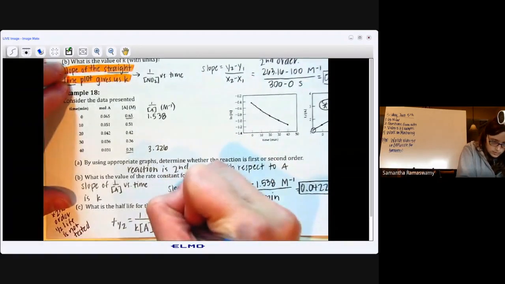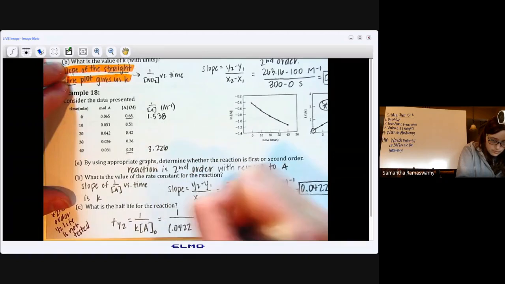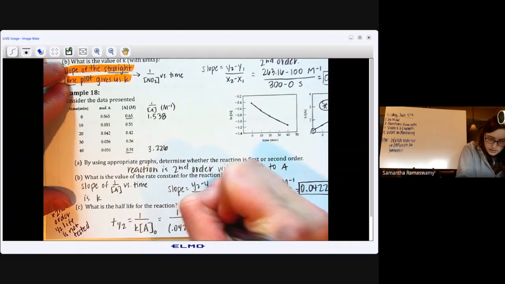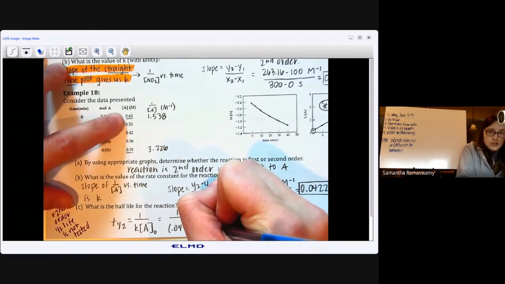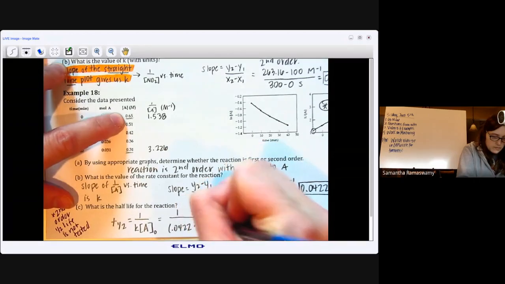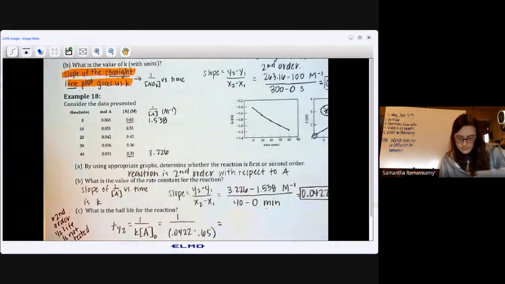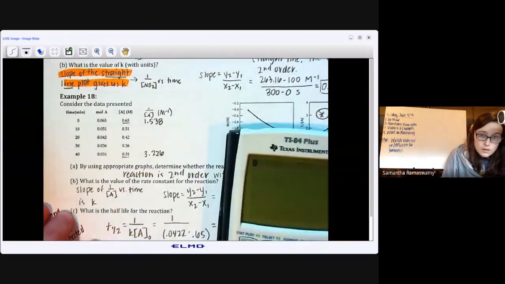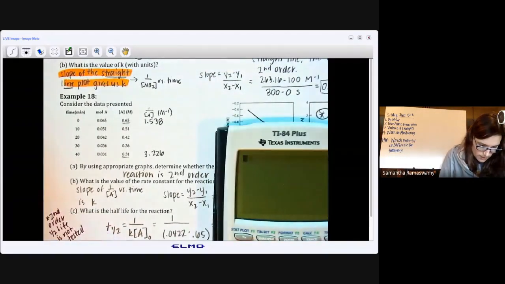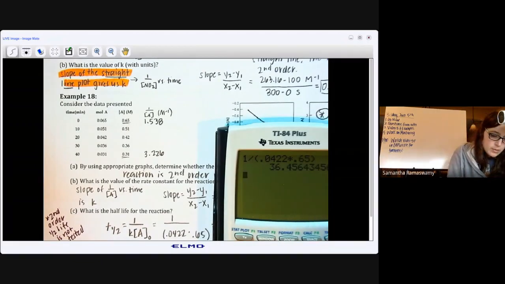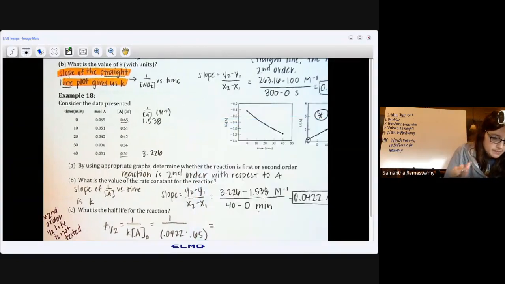So 1 over 0.0422 times initial concentration up here is 0.65. So 1 divided by the quantity, 0.0422 times 0.65, is 36.5. Right, this rounds to 36.5.